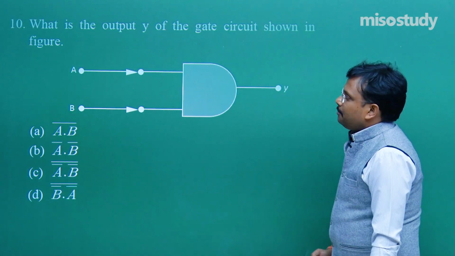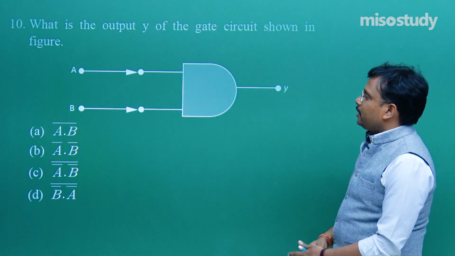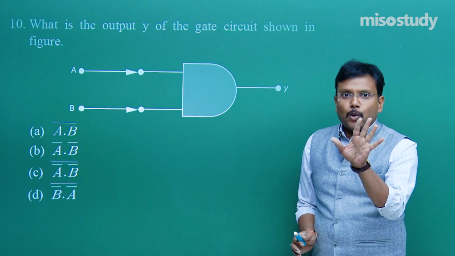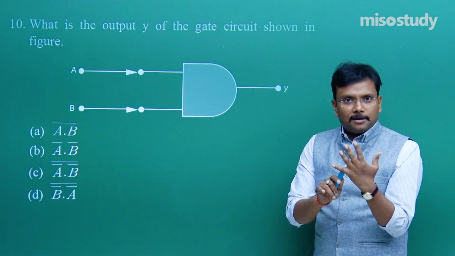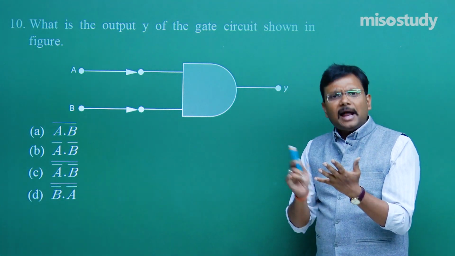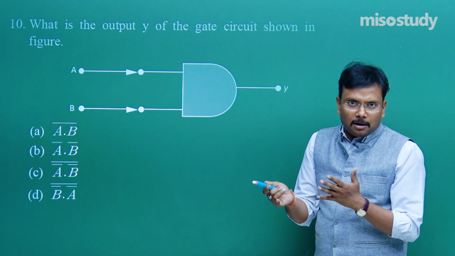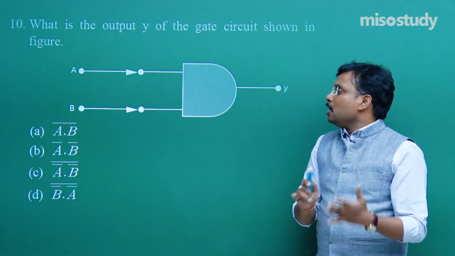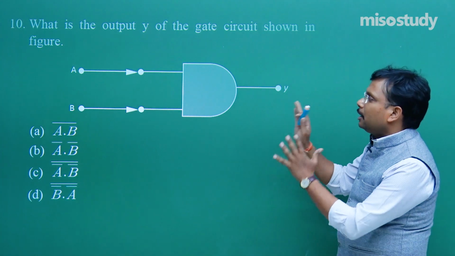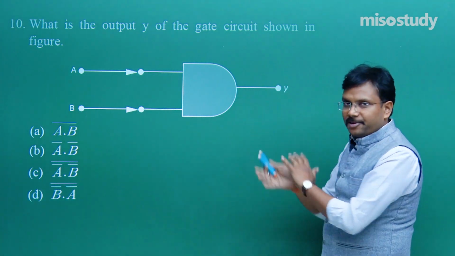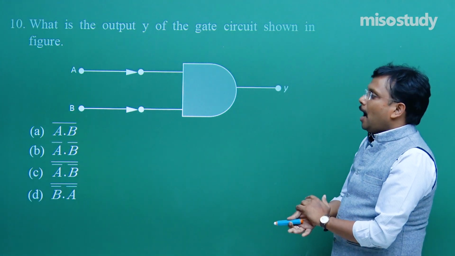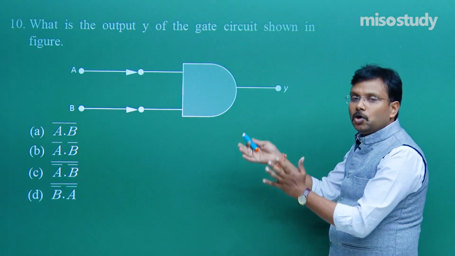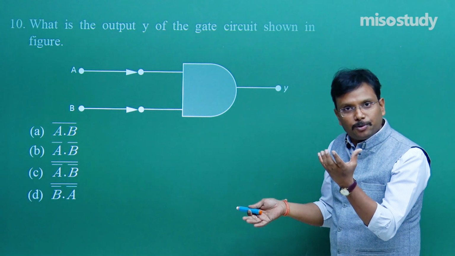My point is, first there are a few types of gates you are supposed to know: AND gate, OR gate, then NAND gate, it's a combination of AND and NOT, and then NOT gate, NOR gate. So first you should remember the symbolic representation, the Boolean expressions, and some logical table output.